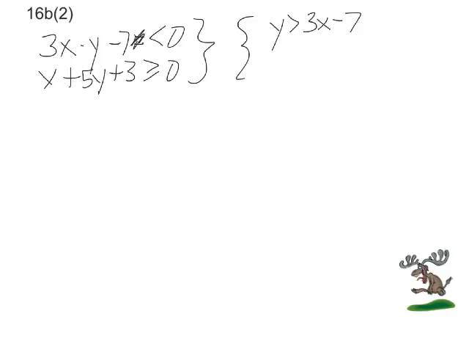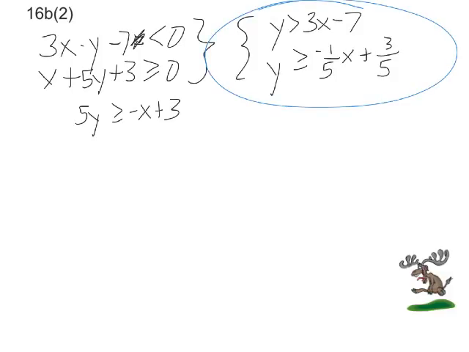And for the bottom equation, we get 5y is greater than or equal to negative x plus 3. y is greater than or equal to negative 1/5 x plus 3/5. Alright, so now that we have our two equations, we can graph those equations.